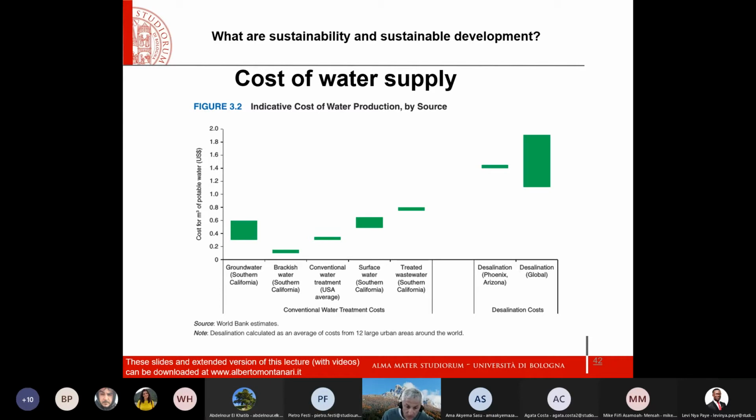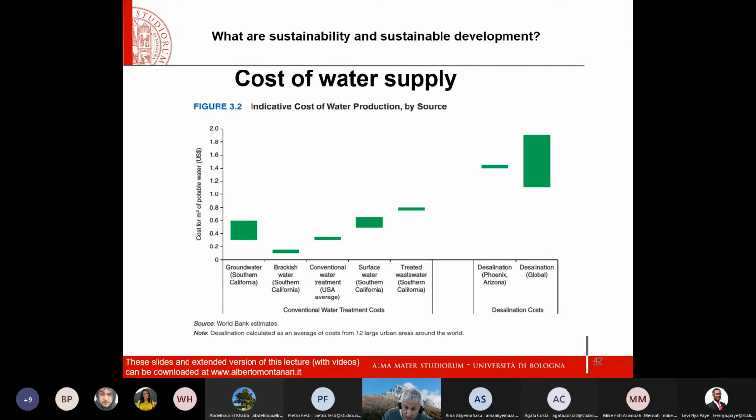The last column in the conventional water treatment costs is the treated wastewater. It's still very costly. And let me also say that in most of the countries, it does not provide very significant volumes.